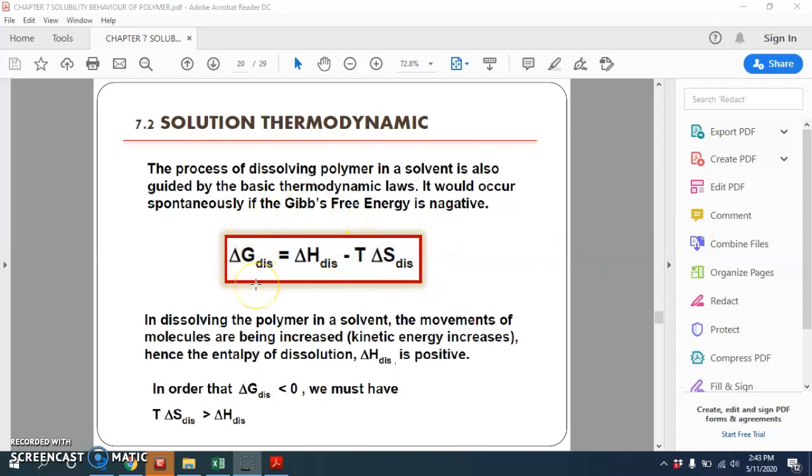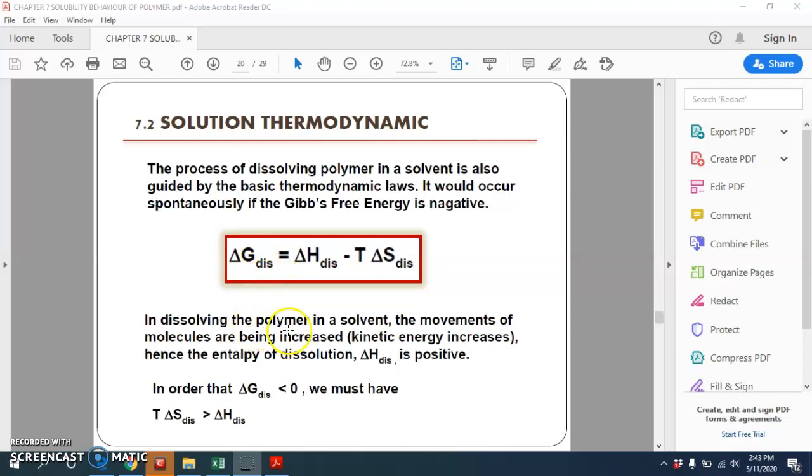Okay, this is the equation for solution thermodynamics. ΔG equals ΔH minus TΔS. Okay, the change of S. T is the temperature. Okay, S this is the entropy of mixing. And H this is the enthalpy of mixing. And this is the change in the Gibbs free energy of mixing.